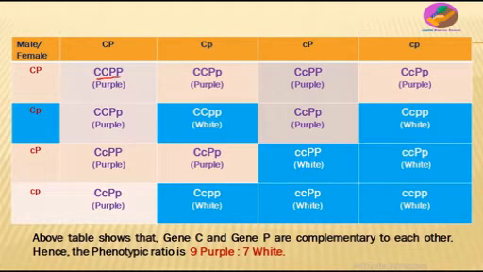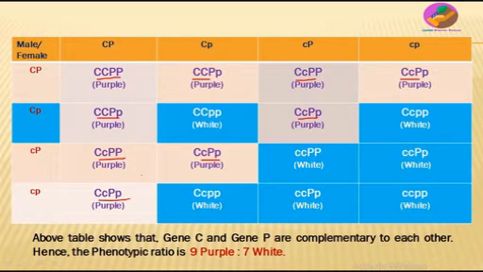where in this particular offspring you can see both are dominant, here also both dominant, here also, here also C as well as P are dominant, and in this case also.